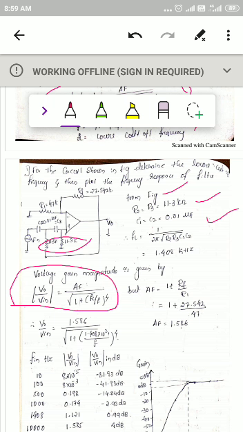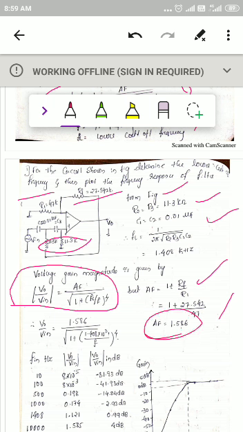Here AF is equal to 1 plus RF divided by R1, where RF is 27.5 kilo ohm and R1 is 47 kilo ohm. Just substitute and calculate AF.